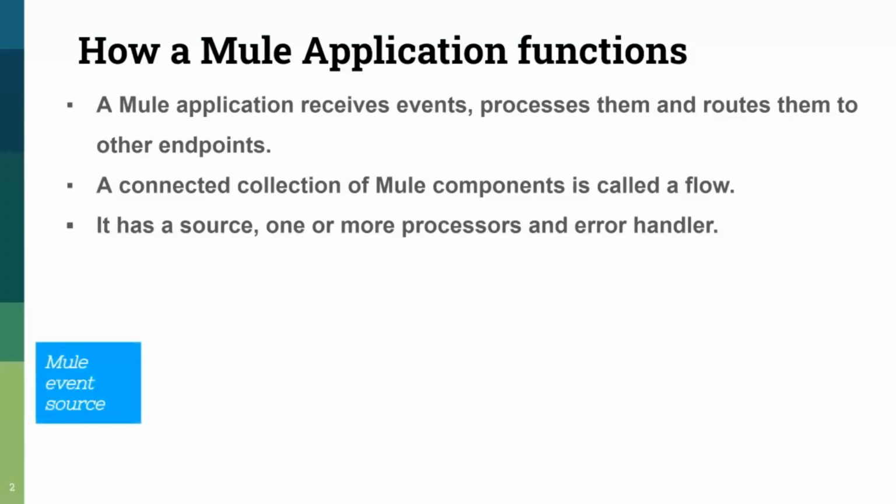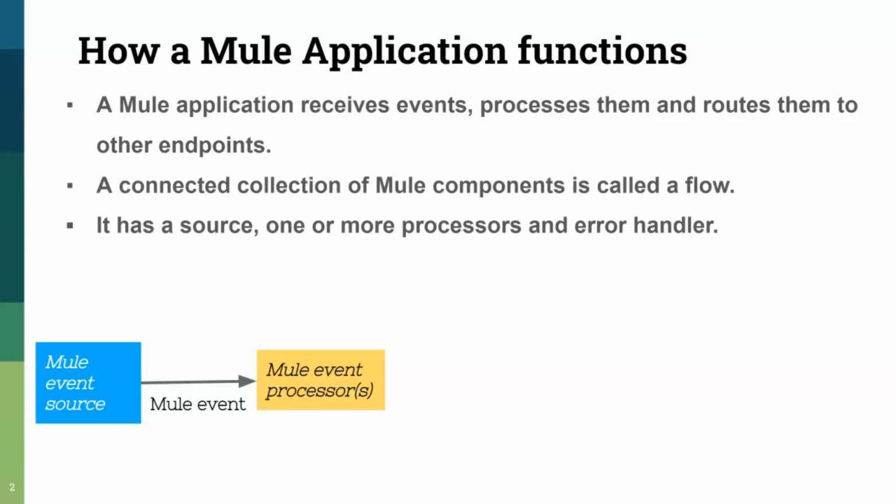So once a Mule event source triggers the flow, a Mule event gets created, then that Mule event goes to the next processor. This next processor could be getting data from somewhere, from a database, for example. So the Mule event changes.